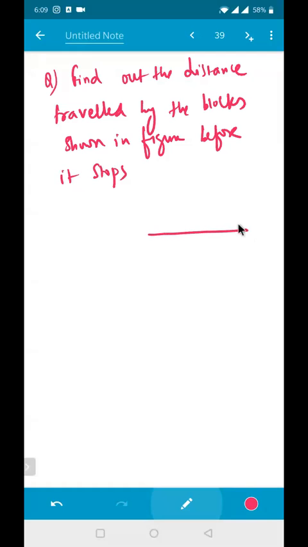Like say this is your diagram, this one is your 10 kg, this is moving with 10 meter per second in the front direction, and this is your rough surface. Coefficient of friction here is given as mu k equals 0.5.